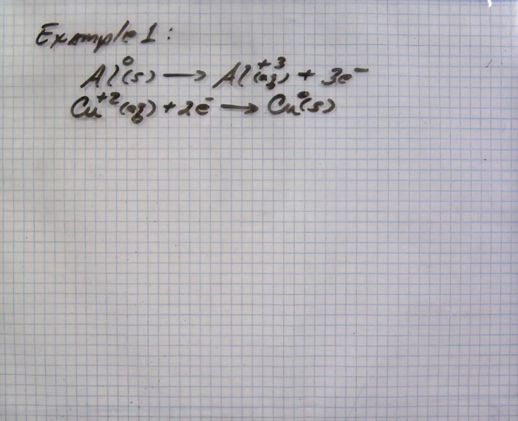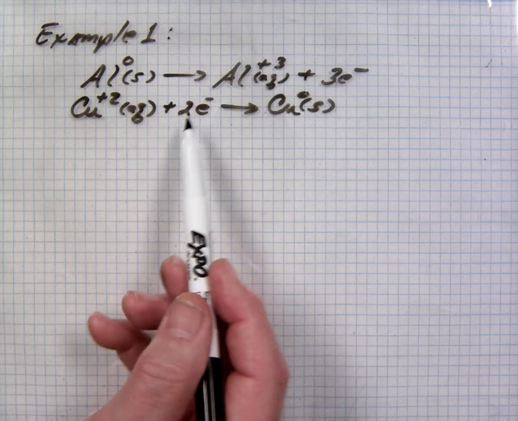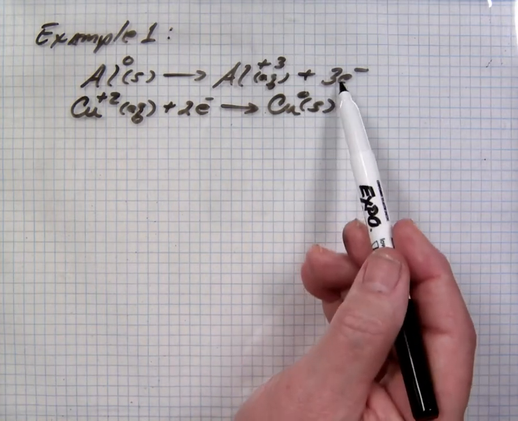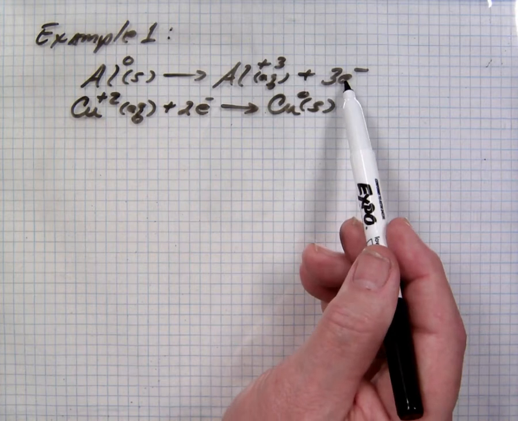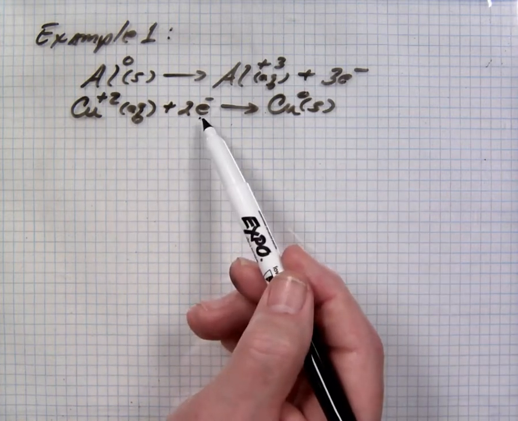Okay, so our first example is aluminum will undergo oxidation in the presence of copper, and copper will undergo reduction to its standard state. Now, to form the balanced oxidation reduction reaction, we have to first note that the aluminum number of electrons involved is 3 electrons, but copper has only 2.